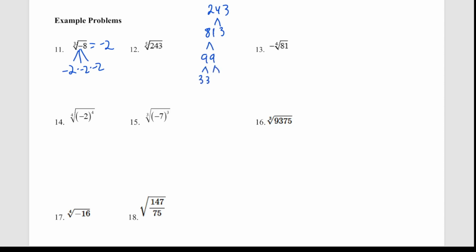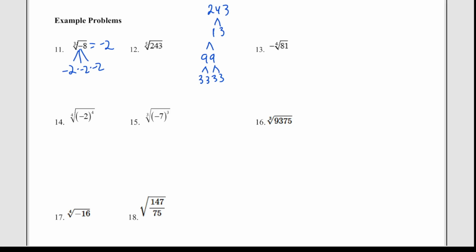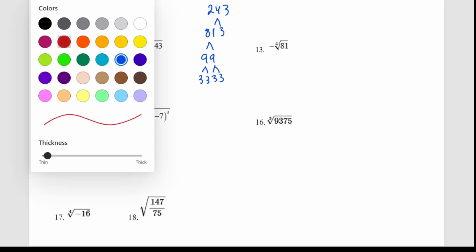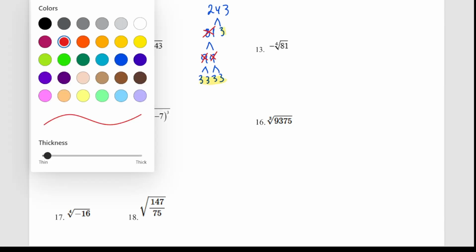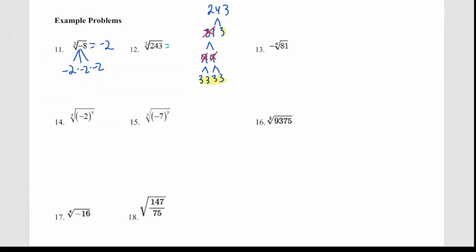And 9 times 9 breaks down to 3 times 3. I also find it helpful to perhaps in another color cross out those middle steps, just so I don't accidentally consider that part of our factorization. And now we see that 3 times itself, in this case 5 times, is going to give us 243. So the fifth root of 243 is going to be 3.